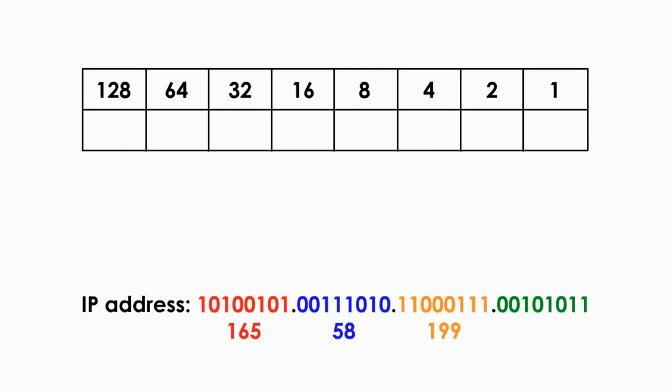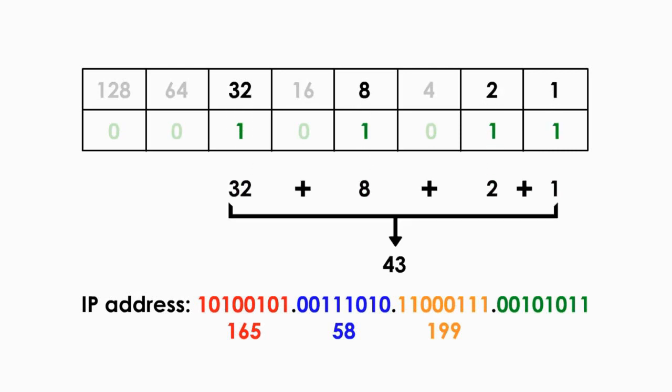Now let's finish the fourth octet. We repeat the same process. We only look at the ones, ignore all zeros, and bring down the numbers above the ones, which are 32, 8, 2, and 1. Adding them up, we got 43.